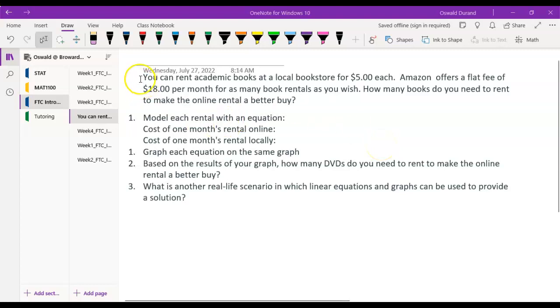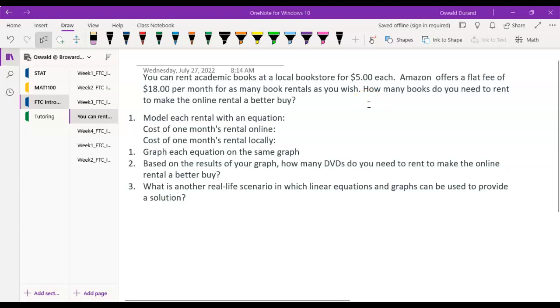All right. So here's the problem. You can rent academic books at a local bookstore for $5 each, right? Amazon offers a flat fee of $18 per month for as many book rentals as you wish. How many books do you need to rent to make the online rental a better buy? And so there's two different situations, right?